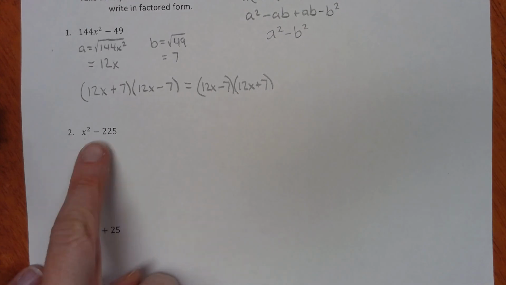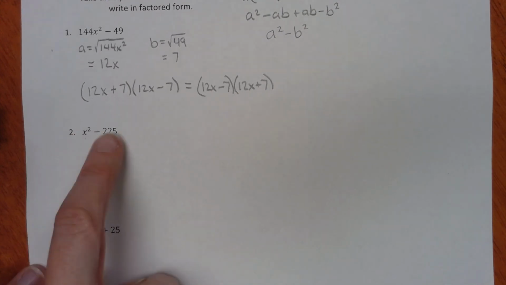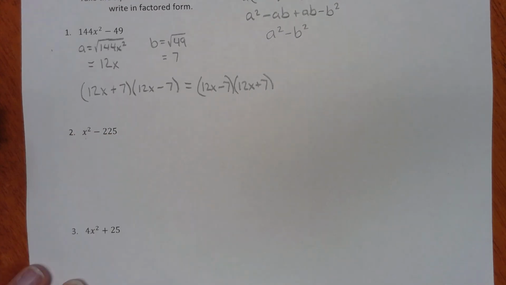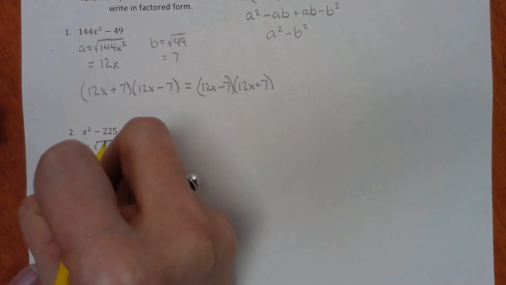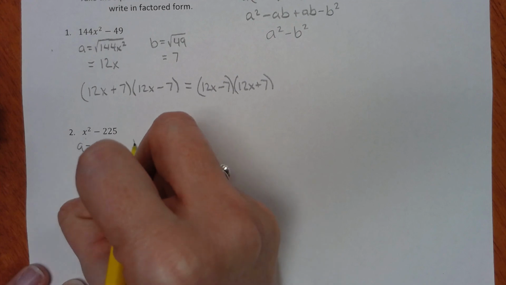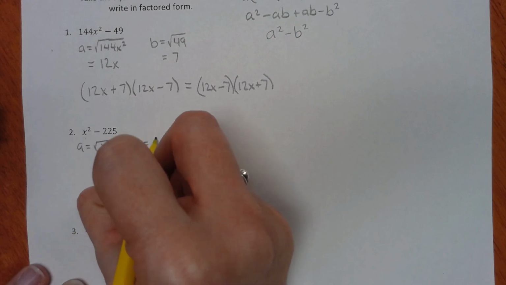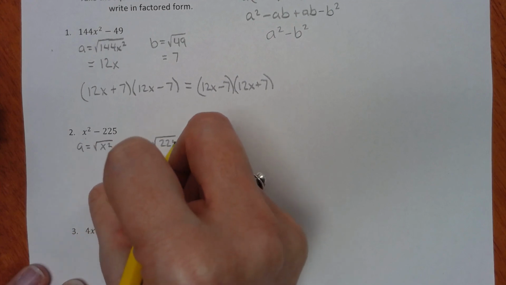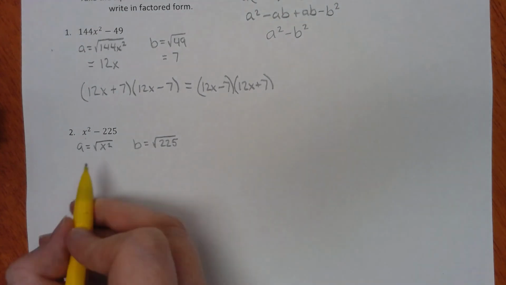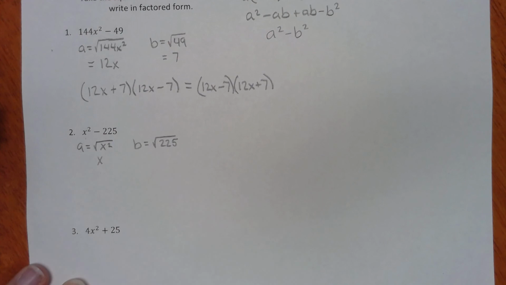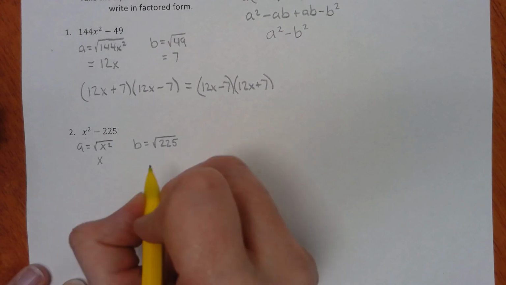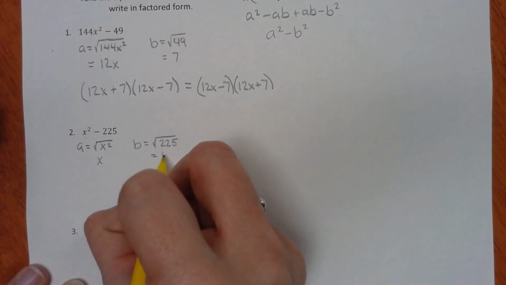Again, we notice this as the difference, and these are both perfect squares, so we can factor it using the rule. So our a term, we'll take the square root of the x squared. For our b term, we'll take the square root of 225. The square root of x squared is x, and the square root of 225, that is a perfect square, and it equals 15.